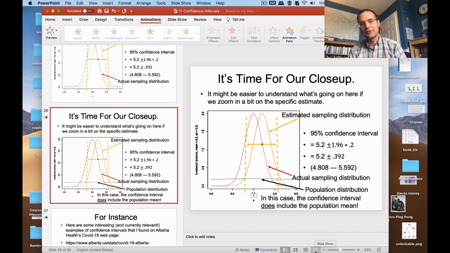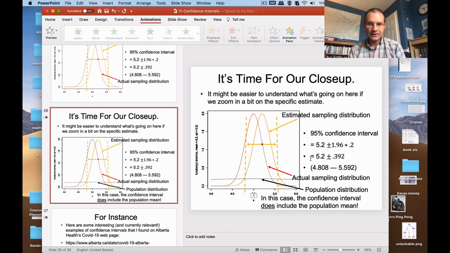For that, we can go back to the sample confidence interval that I calculated at the very end of the second part of the lecture. If you recall, we had this population distribution with an underlying mean of 5, and its standard deviation was 0.2.